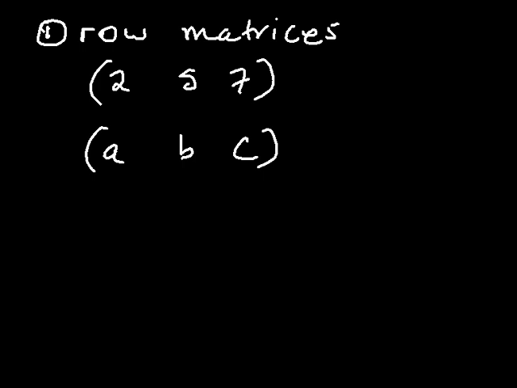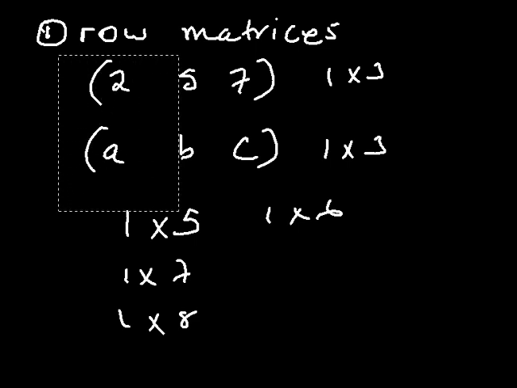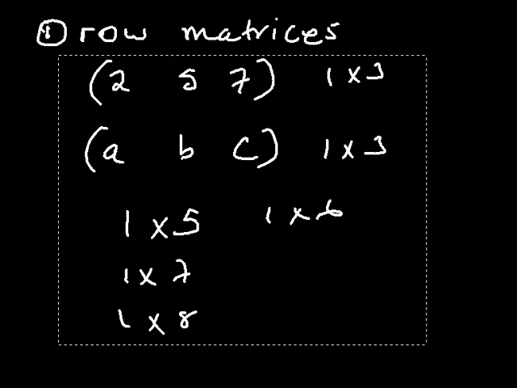In this case, we have 1 by 3. We can also have 1 by 5, 1 by 7, 1 by 8, and also 1 by 6. So try to have that. Basically, row matrices contain the number of rows as 1.